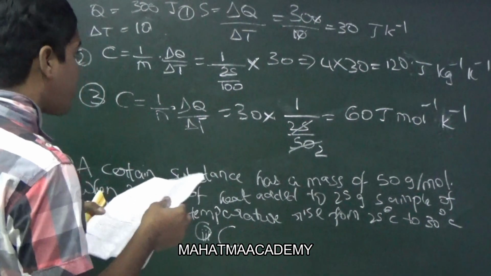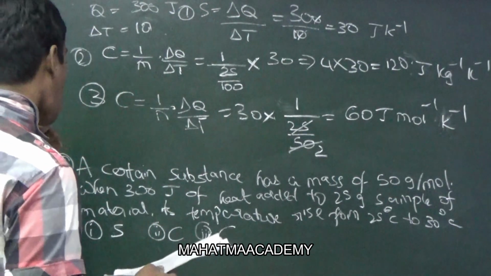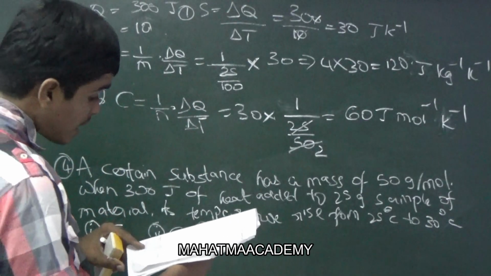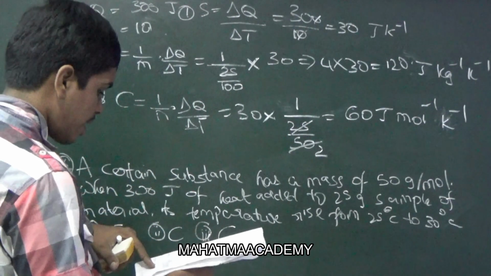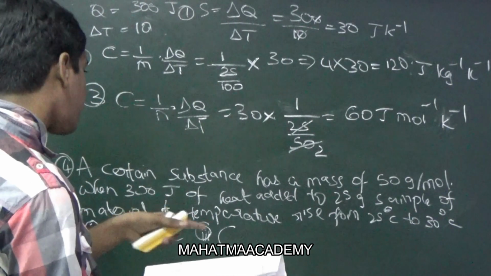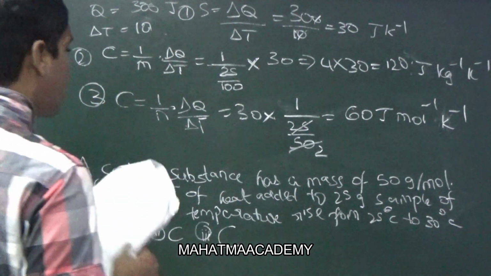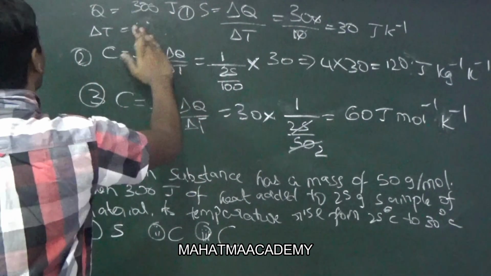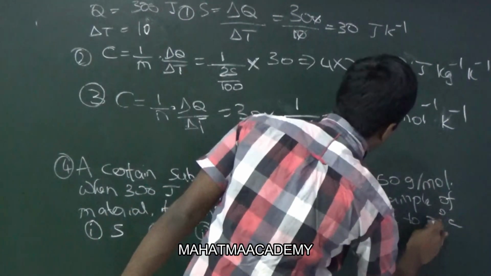Okay, one second. The mass is 25 gram. Delta T is 25 to 30 degrees. This 25 to 30 means here it is 5 only.